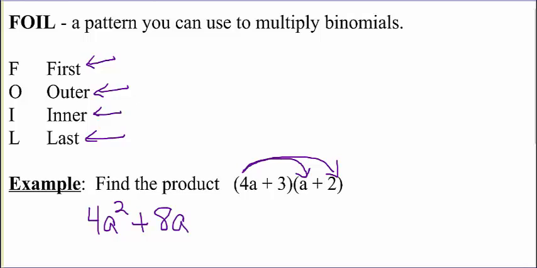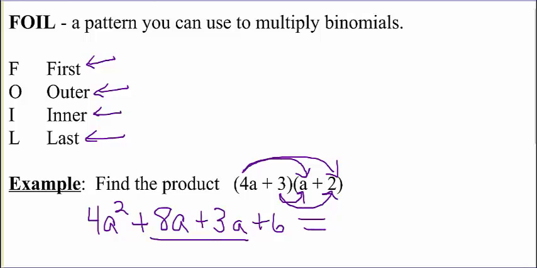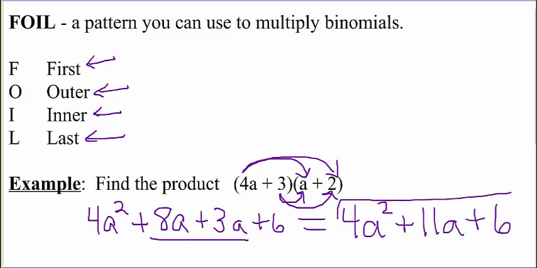Then the inner refers to the 3a, that's plus 3a, and then the lasts, 3 times 2, which is plus 6. Then you combine like terms. We can put the 8a and the 3a together. So that would be 4a squared plus 11a plus 6. And that is our solution.